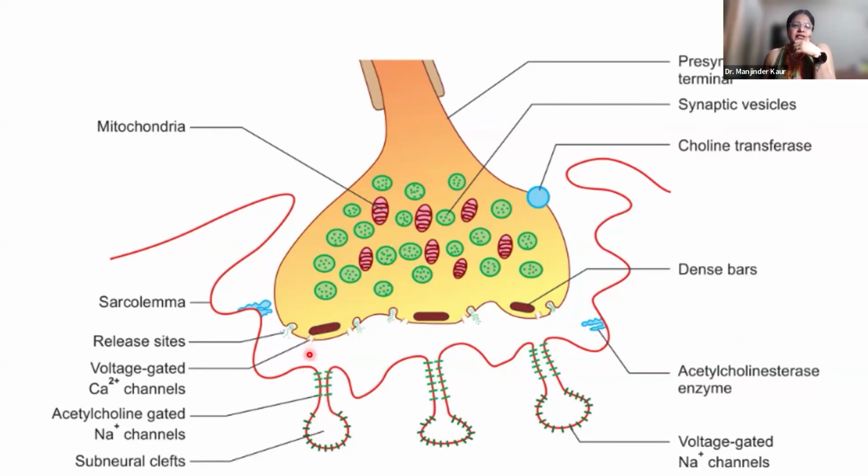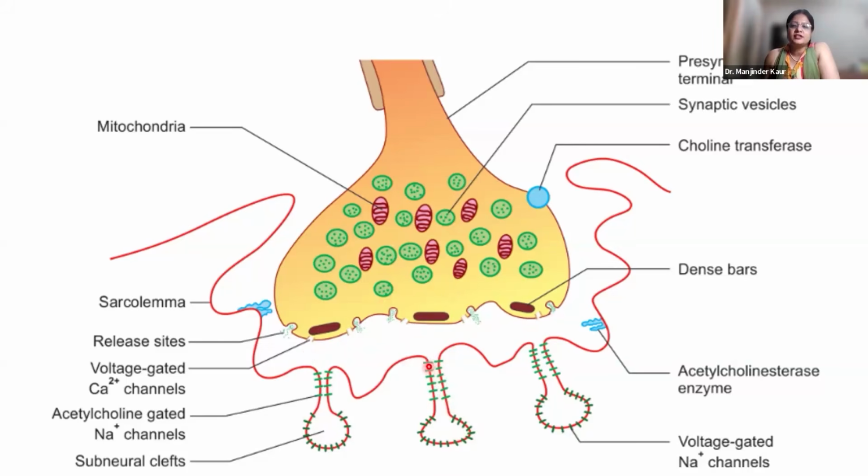Now all you can see is that alongside these dense bars, there are the voltage gated calcium channels, and just next to the voltage gated calcium channels there are the release sites from where the vesicles fuse and release the acetylcholine into the synaptic cleft. Now in the subneural cleft you see there are various receptors.